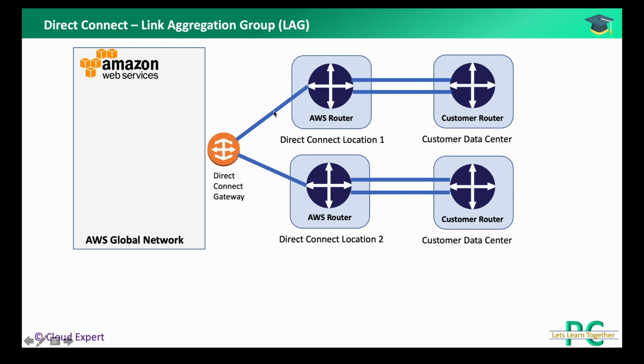Now, since you are creating multiple Direct Connect connections, how can you get the benefit? Let's say I have created 4 Direct Connect connections from 2 different Direct Connect locations, right? So this was the maximum resiliency option where I have 2 Direct Connect connections from the same location, right?